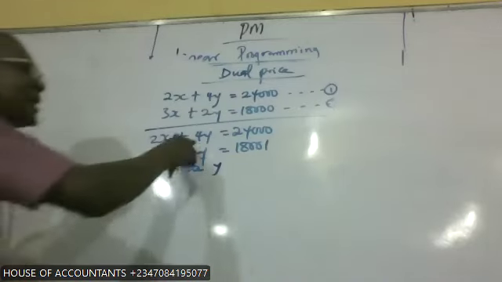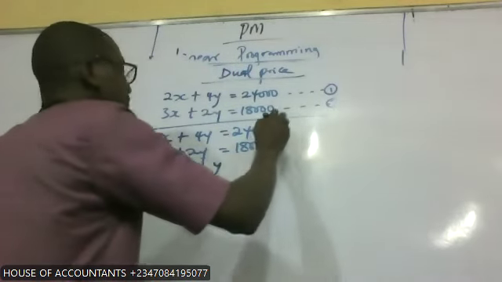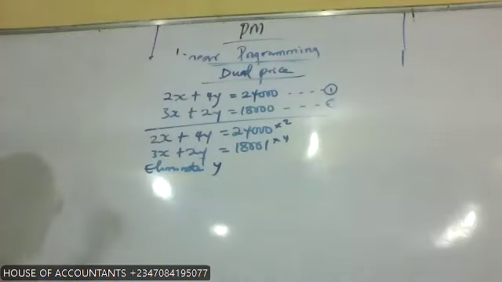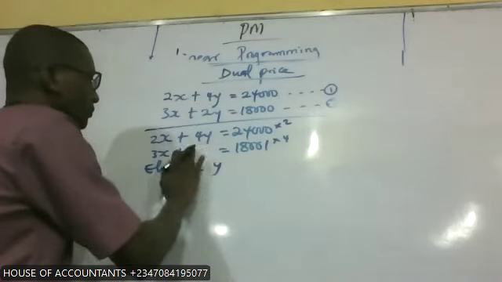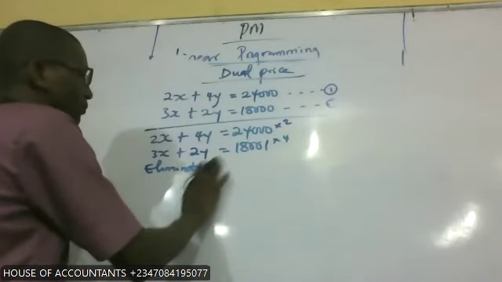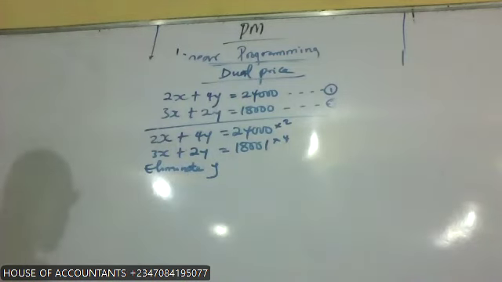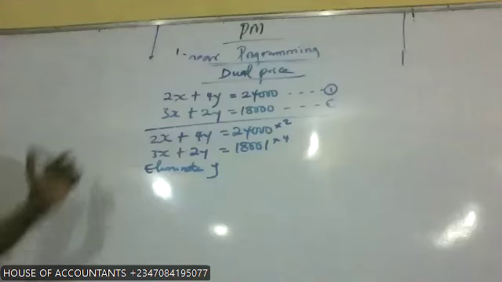It means we multiply this by 1, and the other by 2, so that the y terms match. You now leave the other equation like that.